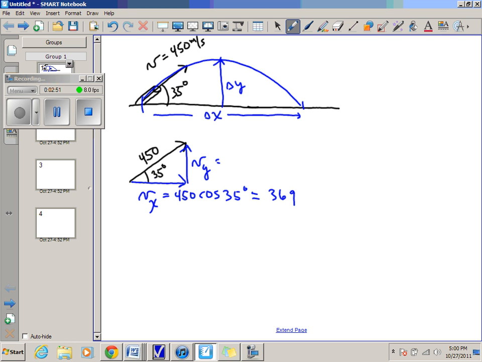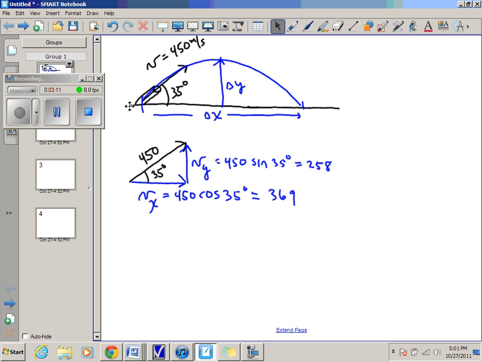V sub y, that's 450 times the sine of 35 degrees. And that gives me 258 meters per second. Hopefully you're understanding how I'm getting sine and cosine of that angle there, and what I'm doing to find the two components.